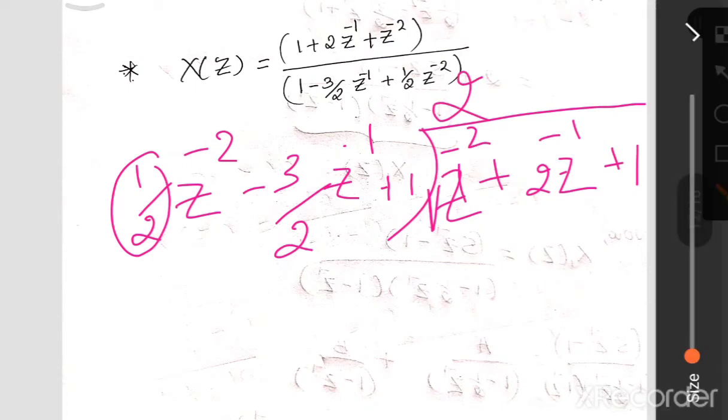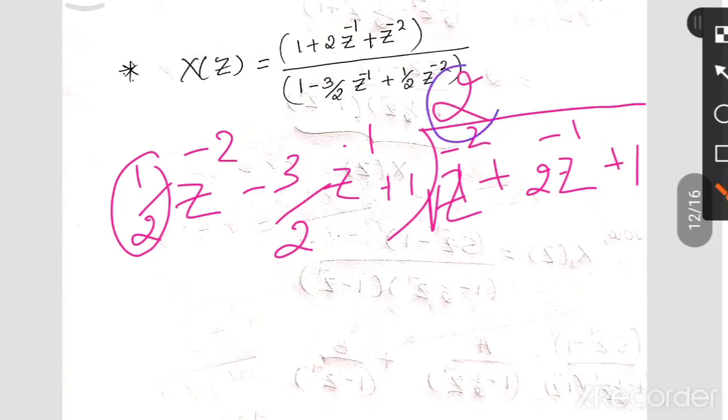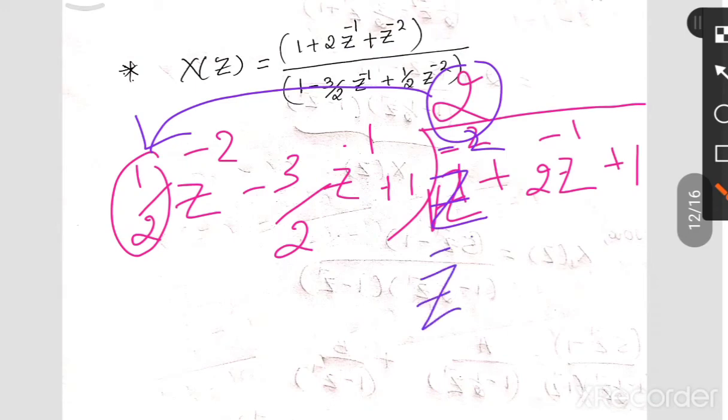If you multiply 2 with this signal, you get z raised to minus 2. Okay, 2 into 1 by 2 is 1, it is z raised to minus 2. And then minus 2 into 3 by 2 is 3, z raised to minus 1. 2 into 1 is plus 2.